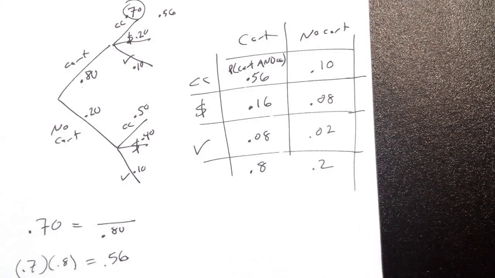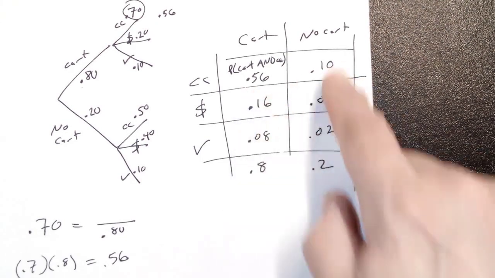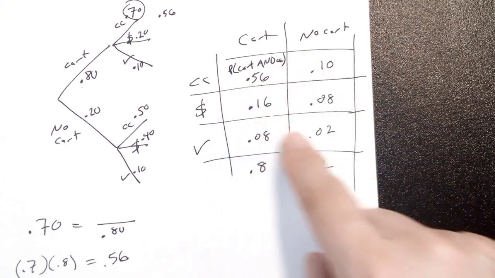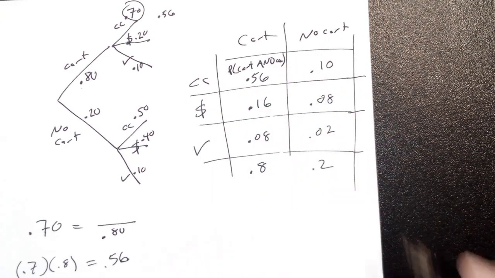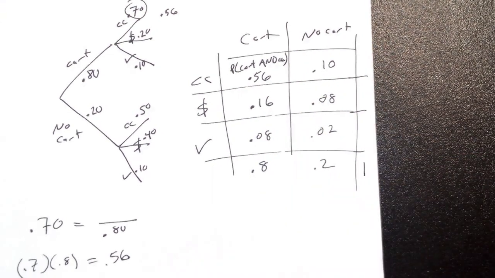So I was able to work out the other pieces of my probability. And notice that if I total all of these numbers here, all 6 of these numbers together add up to 1.